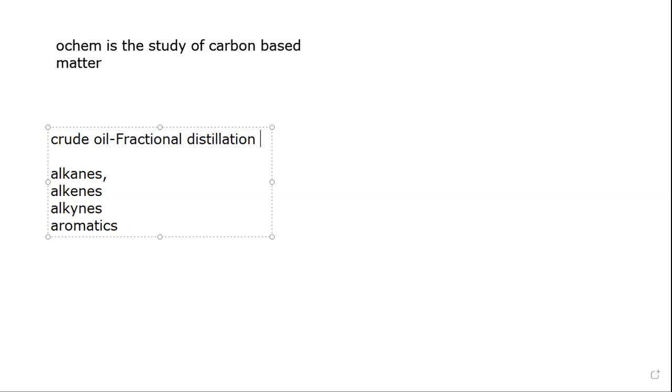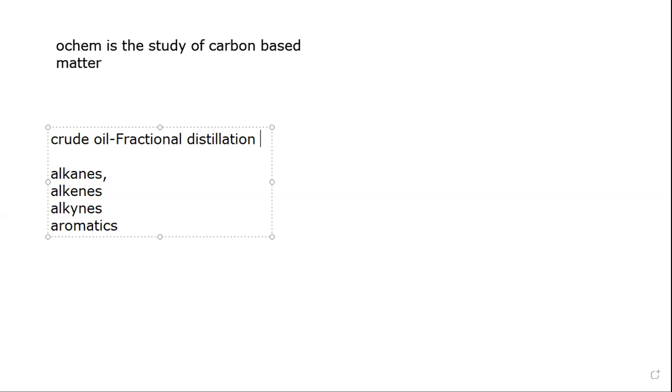In distillation, you separate a mixture by heating and then condensing. With fractional distillation, it condenses according to the differences in boiling points of the liquids in the mixture.